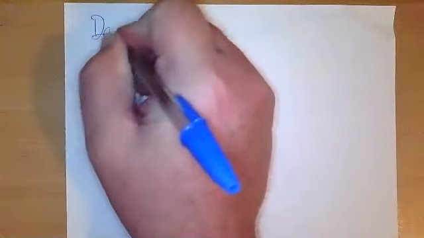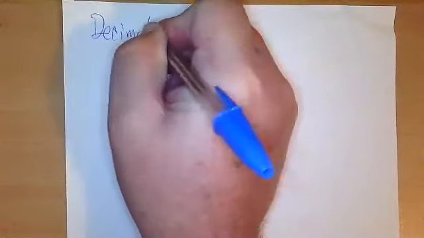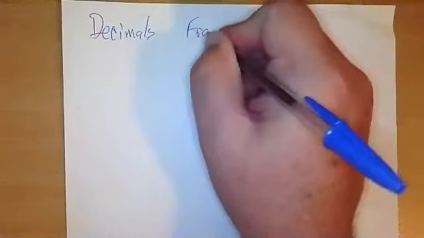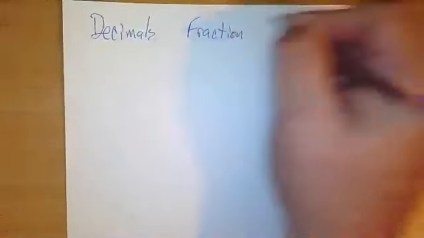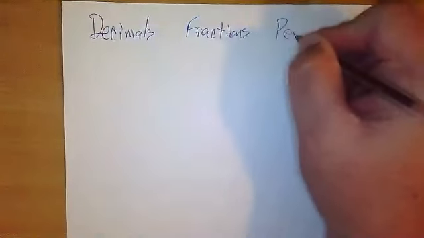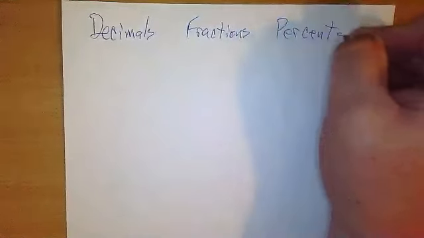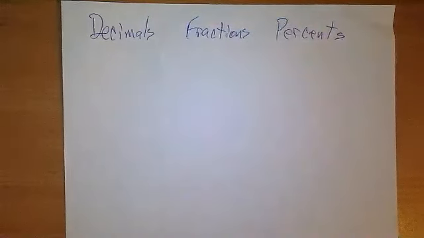Okay, so remember that we have decimals, we have fractions, and we have percents. Now, all of these allow us to express the size of something, the accurate numbers of something, in three completely different number manners.